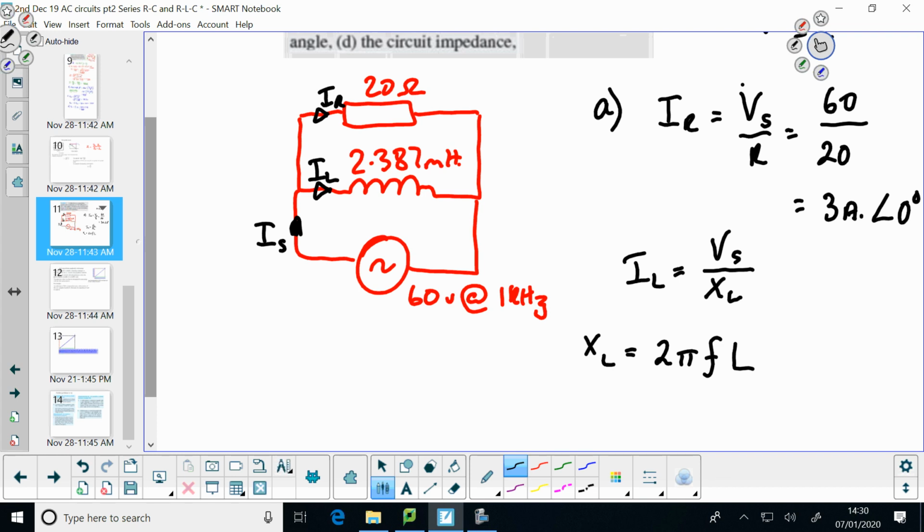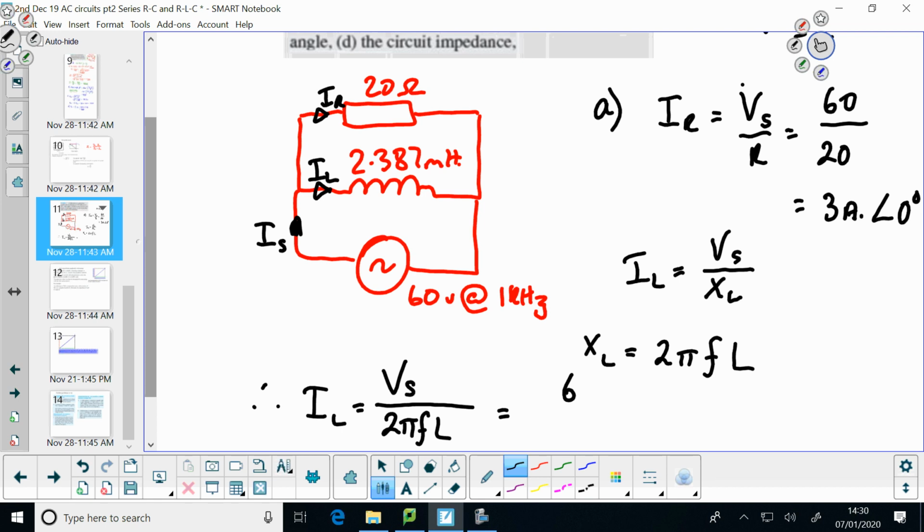Okay, so what we can do now is say, therefore, IL is equal to Vs over 2 pi FL, and do all that calculation in one go, so there's no in-between rounding.